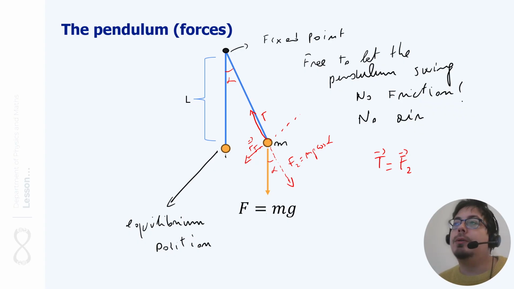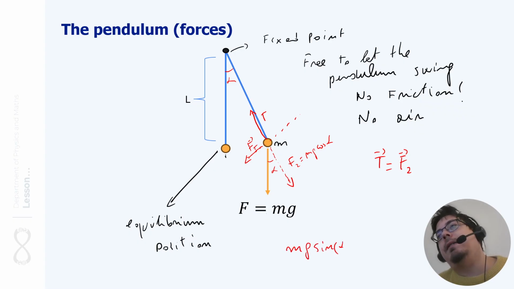And what we want to do, once we know that the forces in that direction are the same, is note that the only force acting on the mass is this force here, which is mg sinus alpha, because we know the composition of the force in sinus and cosinus with respect to alpha.